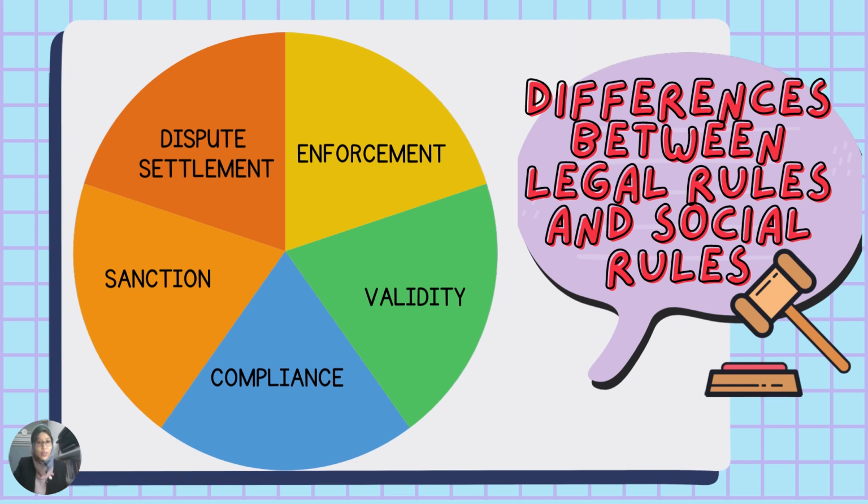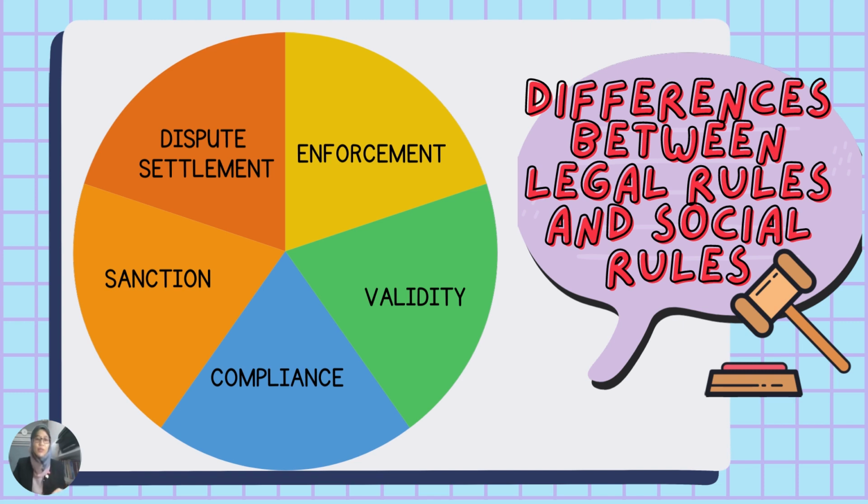Number 3 is compliance. For social rules, people or society comply with the social rule because of internal control, while for legal rules, because of external pressure or external control. And number 4 is sanction. For social rules, the sanctions are social repercussions, while sanctions for legal rules are in terms of penal and restitutive punishment.